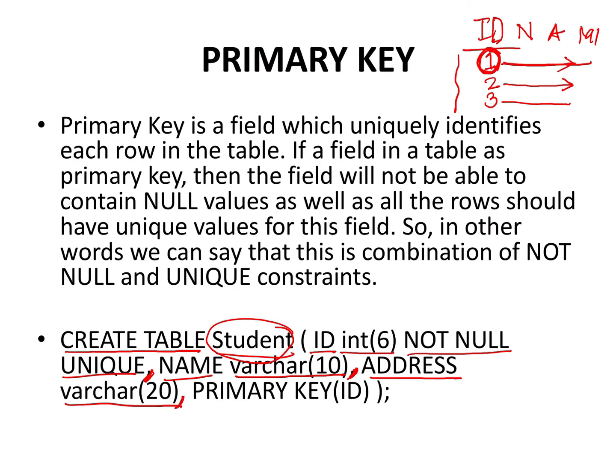Now what happens, I want to make one of these columns. There are three columns. One is ID column, okay, there is name column, and then there is address column in this particular table, student table. Now I can see that name is something which can be duplicated. Any two students can have the same name. We do realize that. Address also can be same.